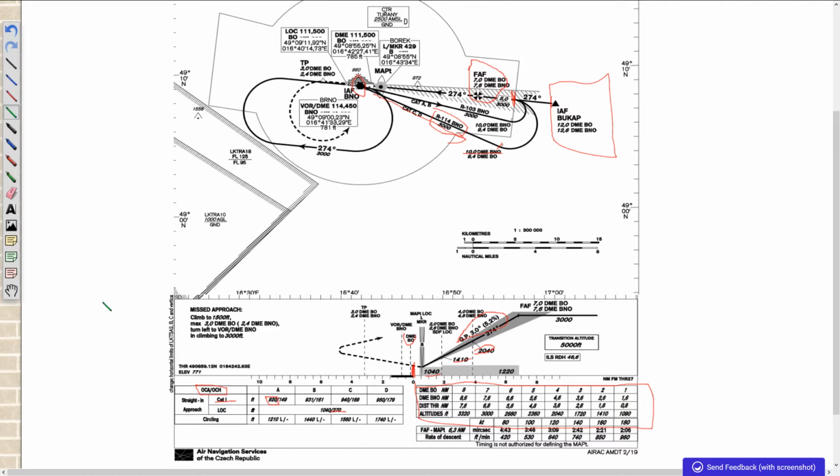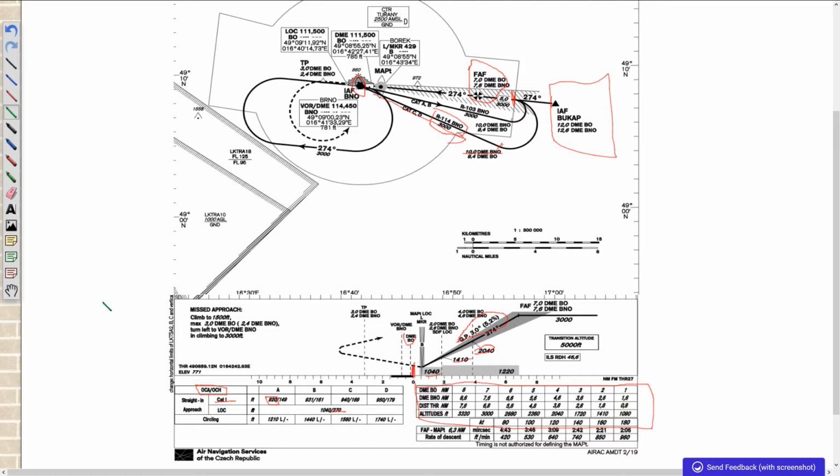You need to go under the clouds, but the wind is not favorable for runway 27, so you will do the circling approach, which means you fly until the outer marker, and then you go for the downwind for runway 09, and you will fly visually for this runway.